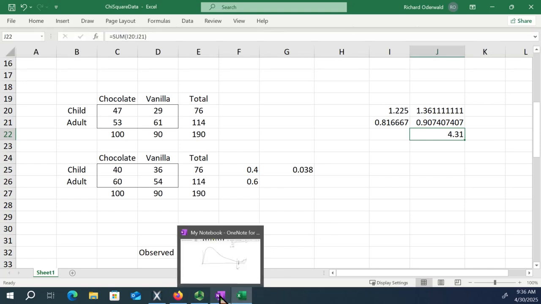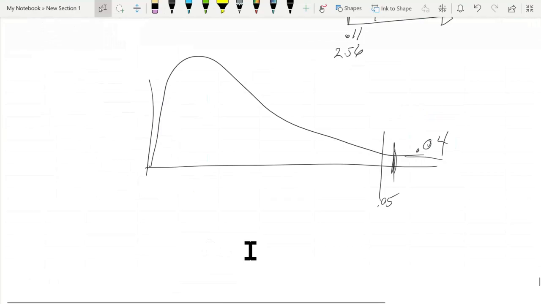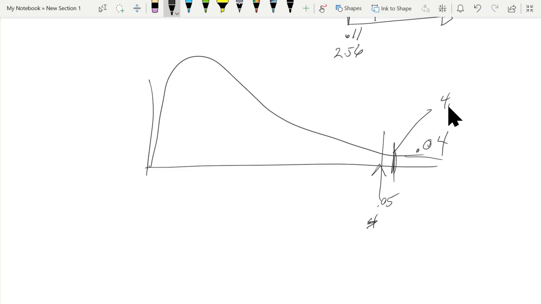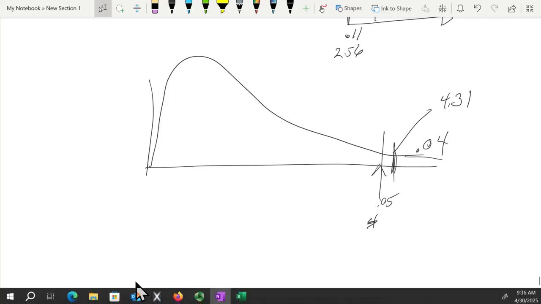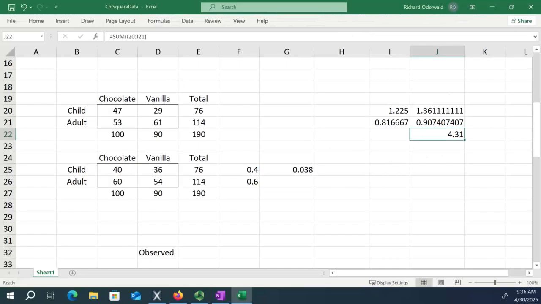So if I go back to my picture, this is at, not that one, this one. The chi-square test value is 4.31. There is a way to recover this.